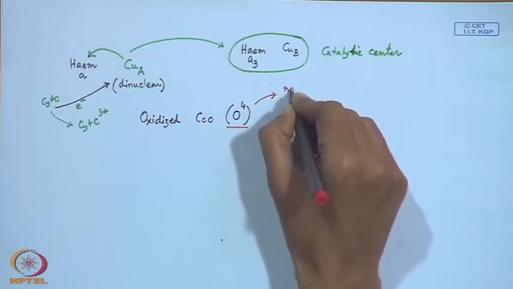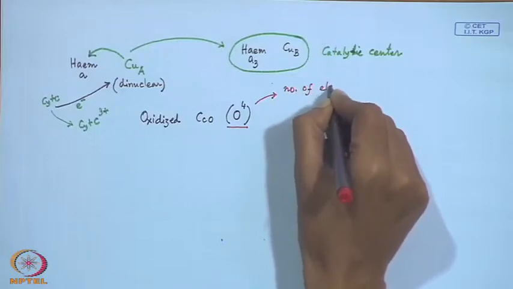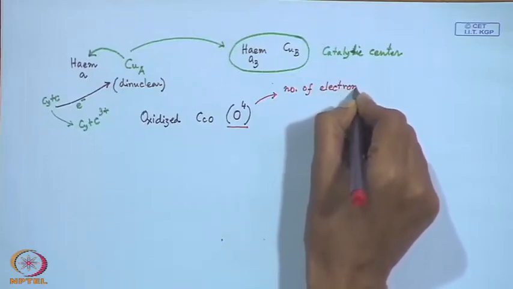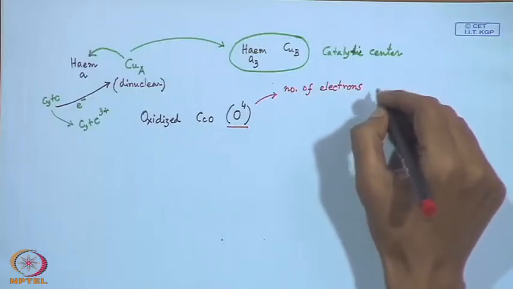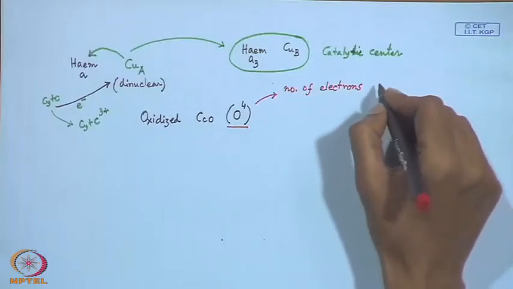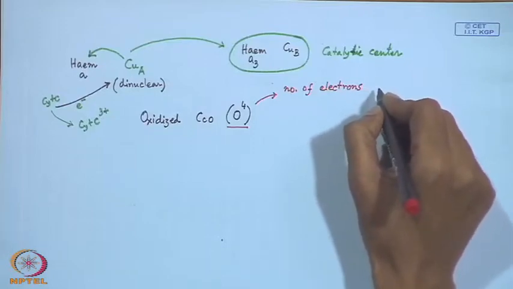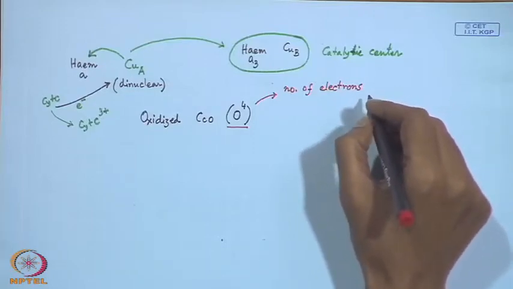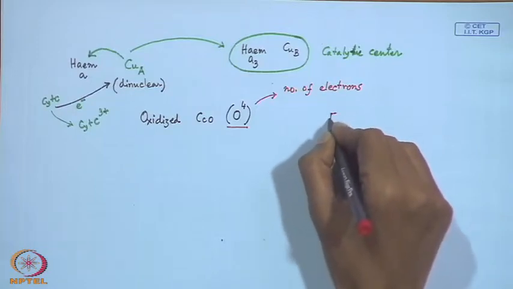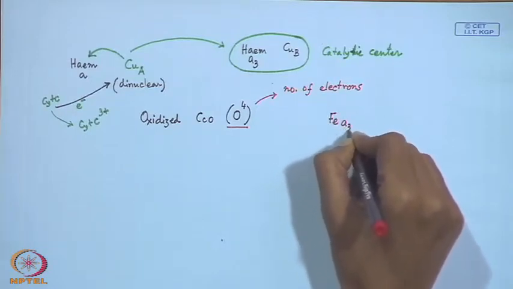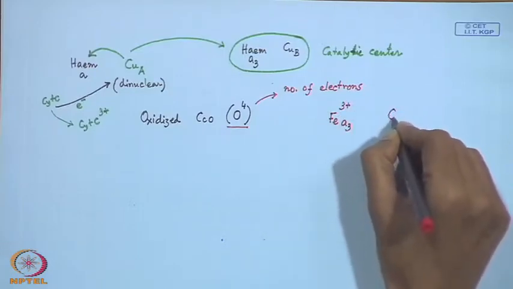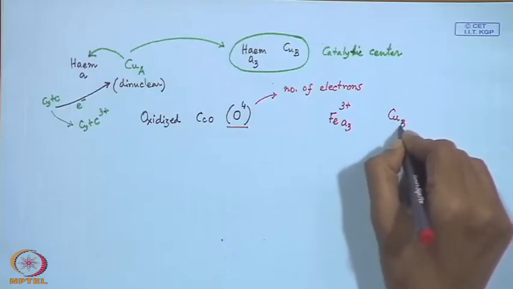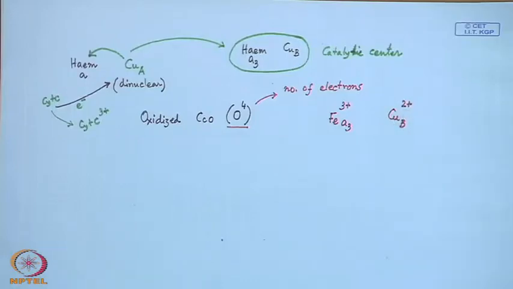So, the total number of electrons it can get, that means when it removes those electrons, you get the corresponding catalytic site, both heme A3 and copper B. That means, if you have Fe A3 which is in the trivalent state and copper B in the bivalent state, this is our only option we can have.